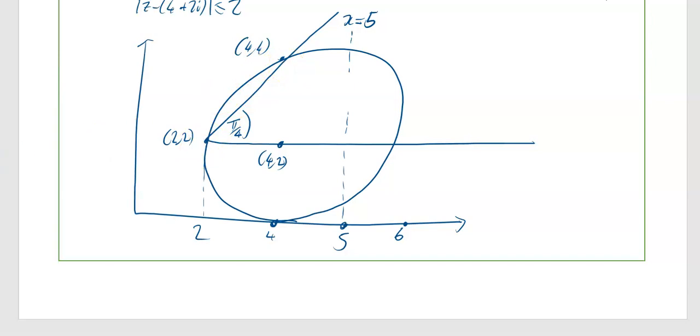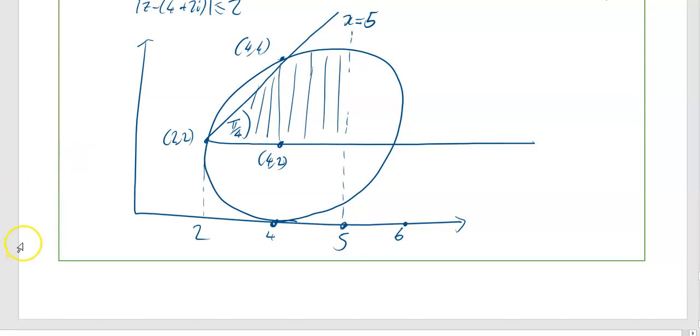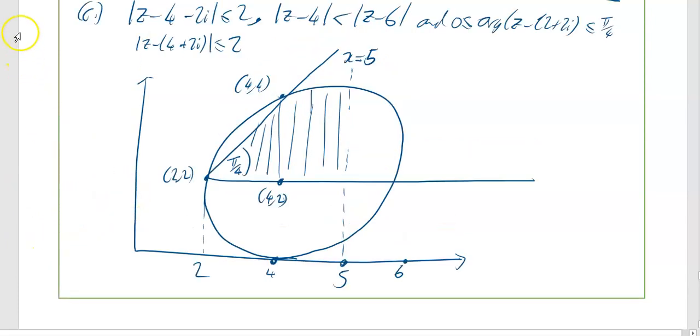And then you're just left to shade inside the circle to the left of this line and also between these two lines. So you're left with just this bit in here that needs shaded. So that's really what you've got inside the circle. So it's a fairly difficult question. There's a lot to it, but that's what you end up with.